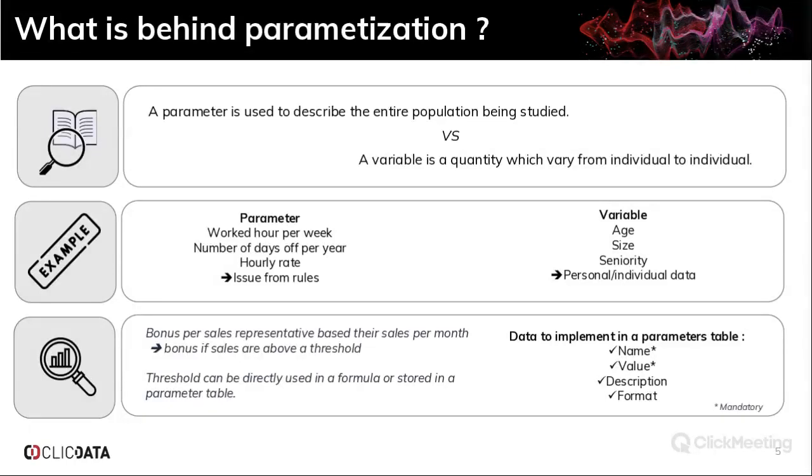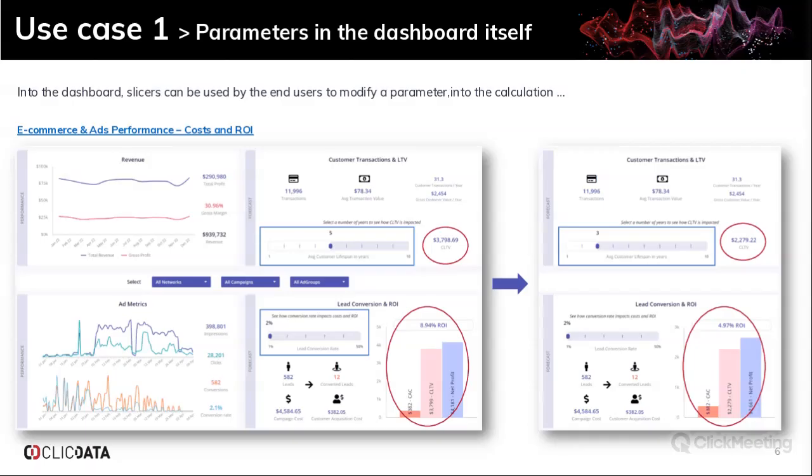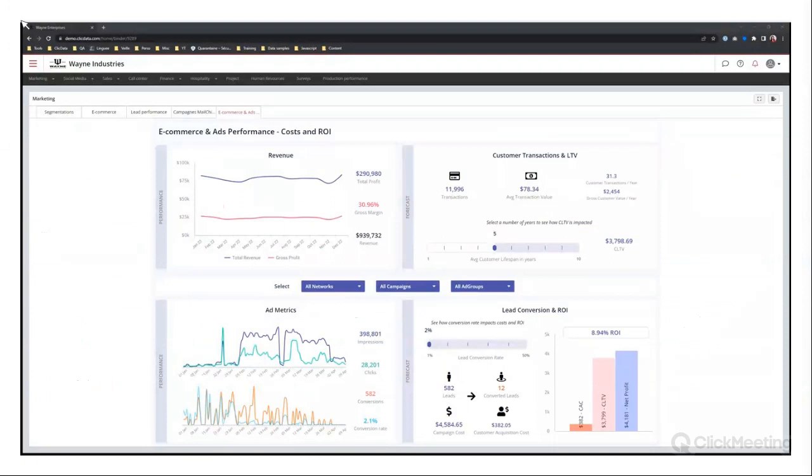So here it's a very simple case of parameters, and what I want to show you now is a concrete example. Here in this example, it's directly in the dashboard. It's the slide that we will have after the presentation, but I wanted to show you directly in the dashboard itself.